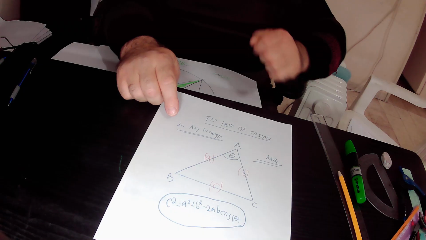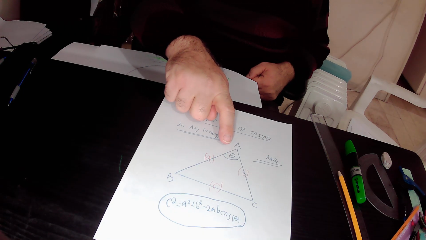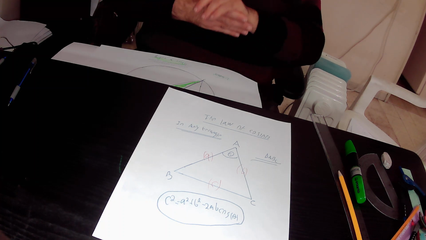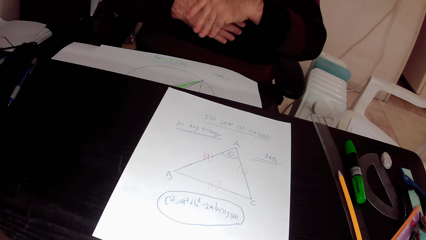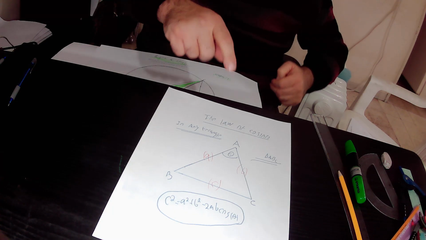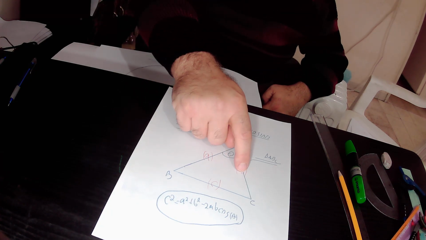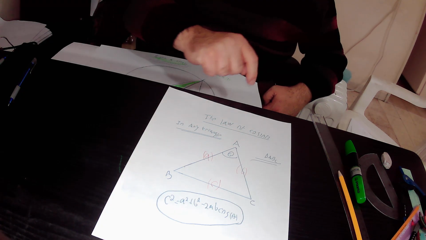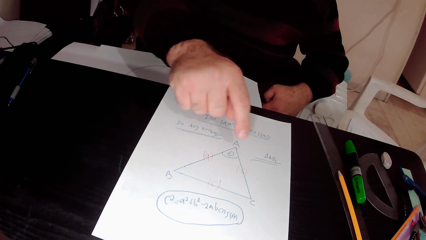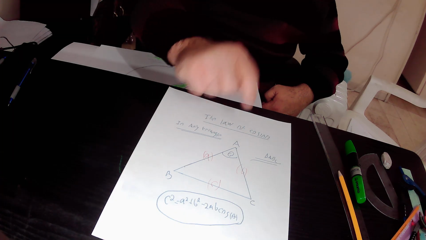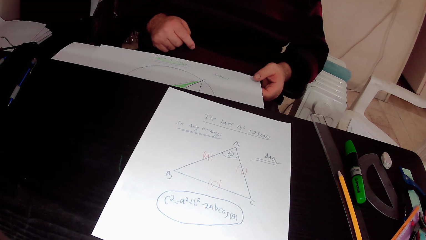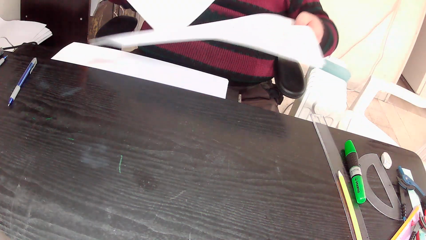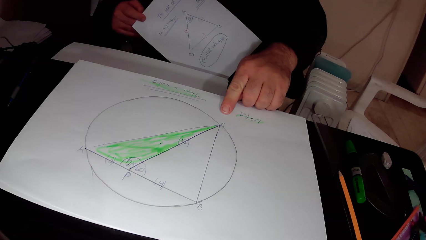This is angle BAC, defined as angle theta. The following equation is true: c squared equals a squared plus b squared minus 2 times a times b times cosine theta. Again, c squared equals a squared plus b squared minus 2ab cosine theta. We can implement the law of cosines on our red triangle CAP.